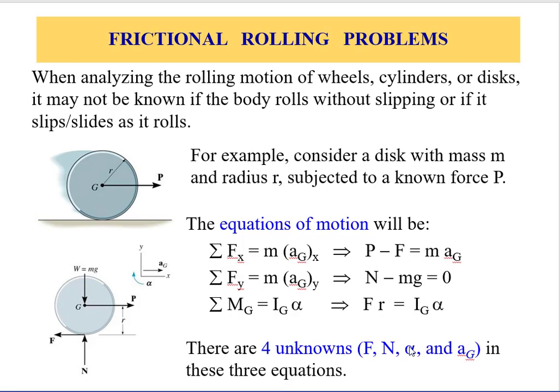Now we have F unknown, a_G unknown, the normal force unknown, and alpha unknown. So 4 unknowns with 3 equations. So we need another equation.